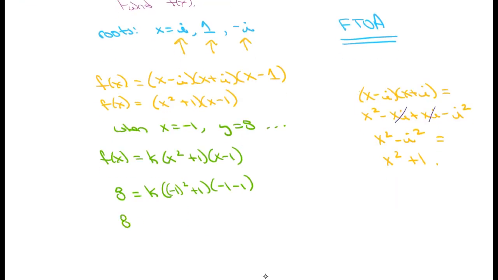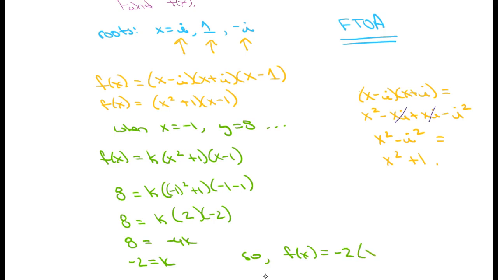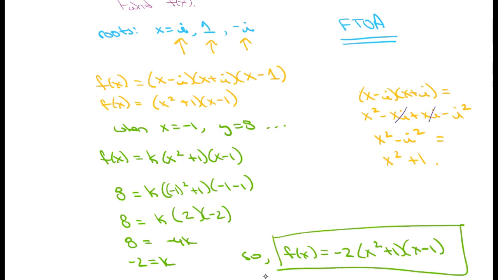This becomes 8 equals k times 2 times -2, and 8 equals -4k, -2 equals k. So at the end of the day, look what I've done. You have found the function to be -2 times x squared plus 1 times x minus 1. Look at that. Really nice job.